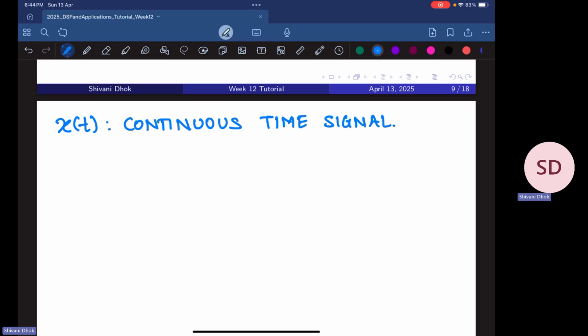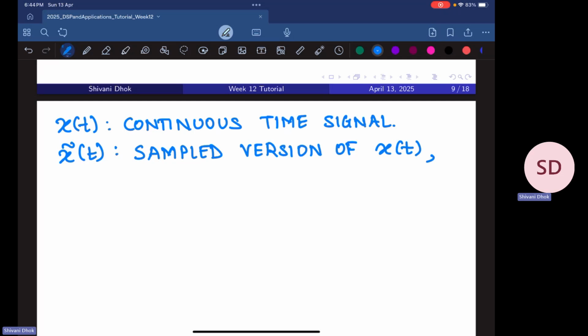Let x tilde of t be the sampled version of x of t.